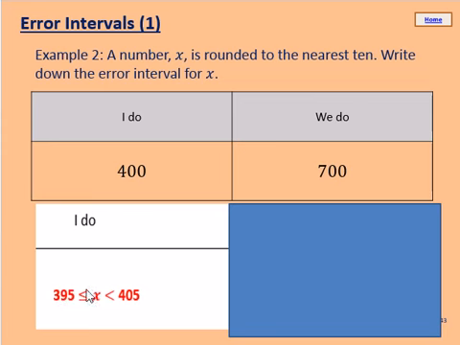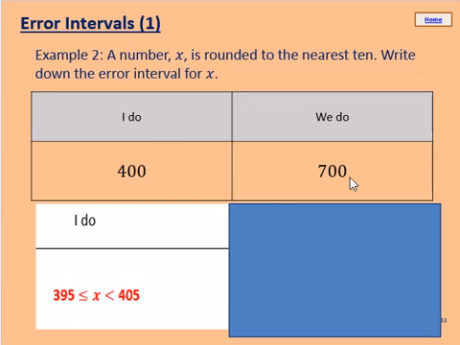And x can be anything more than this or equal to. And then on the upper bound, well, 401 would round down to this, 402, 403, 404. 405 would round up to 410 to the nearest 10. So it can be anything less than 405, not including this. Hence why we've just got the less than sign.